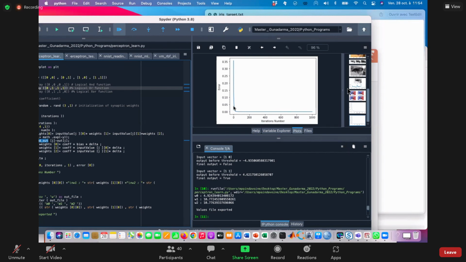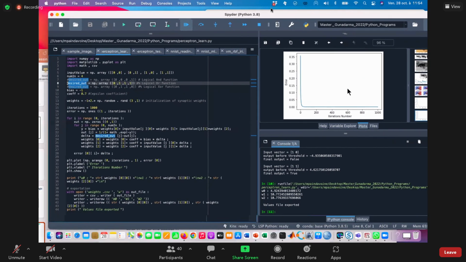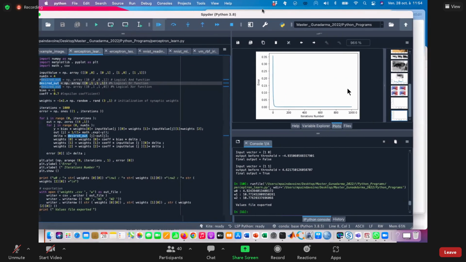At the beginning we have a huge error, and after maybe 10 or 50 iterations, we have a good convergence. Okay, so that is the new value for the weights for my perceptron, using the same architecture. That is just a parameter which has been changed.